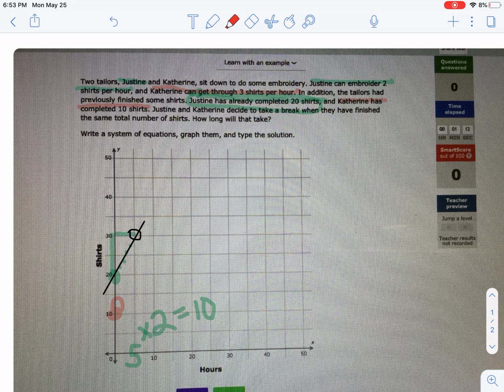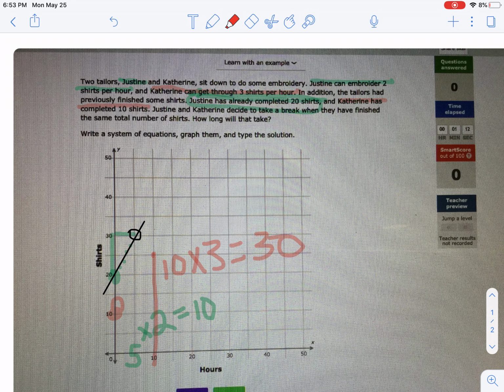We could go step by step, but instead, let's take a look at 10 hours. So if she was sewing for 10 hours, how many more shirts could she do? 10 hours times 3 shirts is 30 shirts.